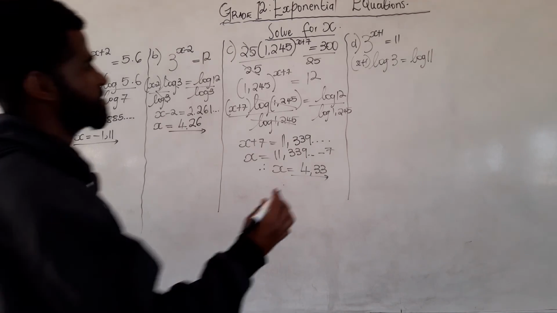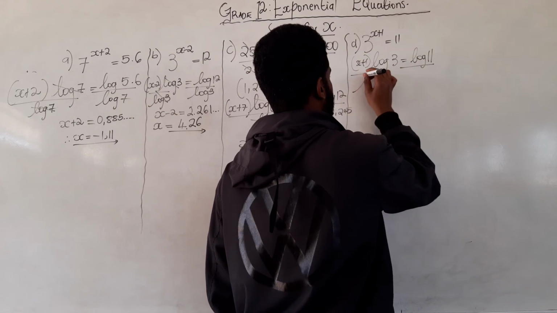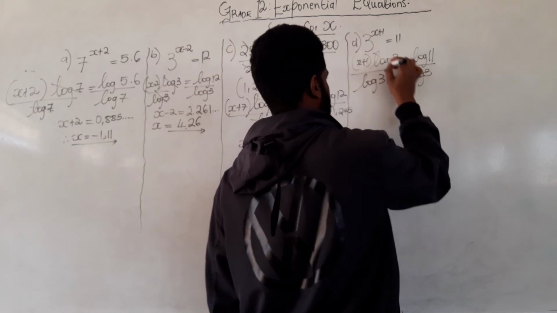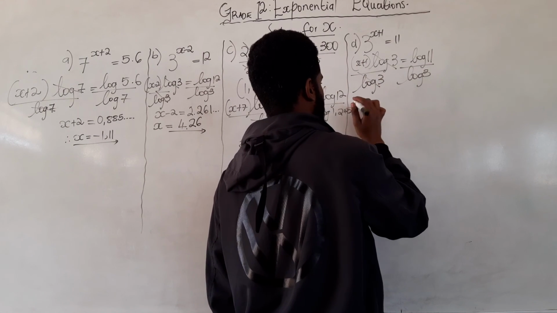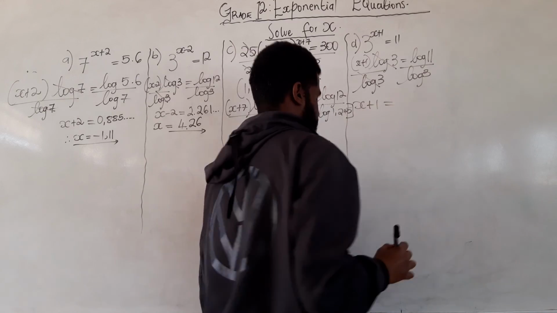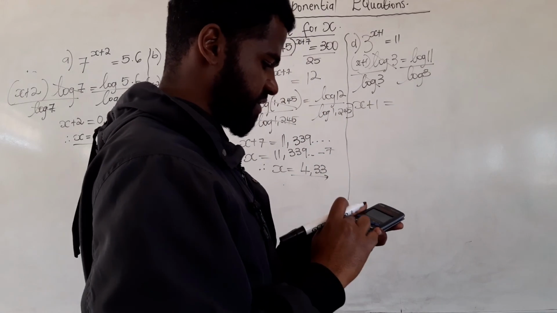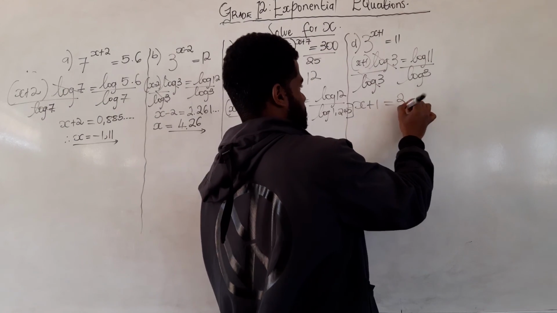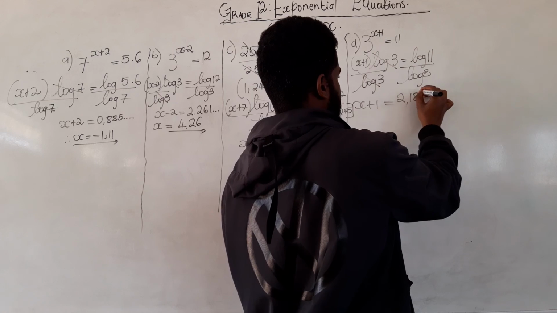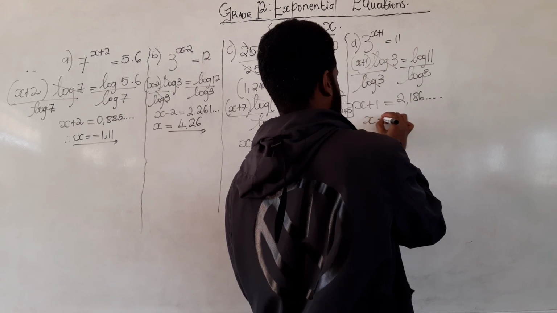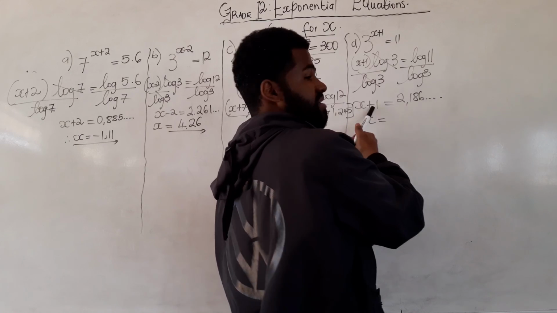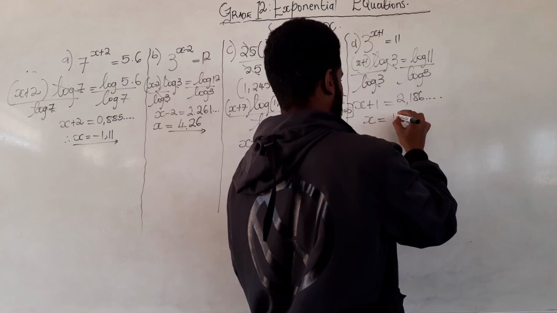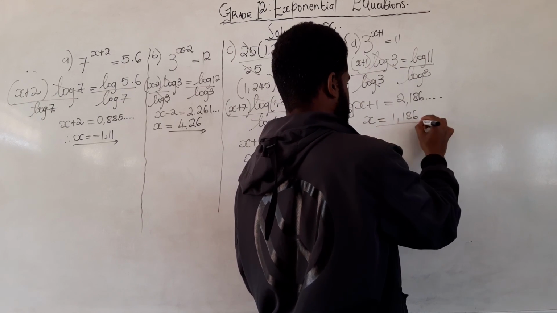This one cancels this one, and then we are left with x plus 1 is equal to log 11 divided by log 3, which is equal to 2,186. Therefore, x is equal to 2,186 minus 1, since our 1 is positive. So we are going to be left with 1,186, and then you are done.